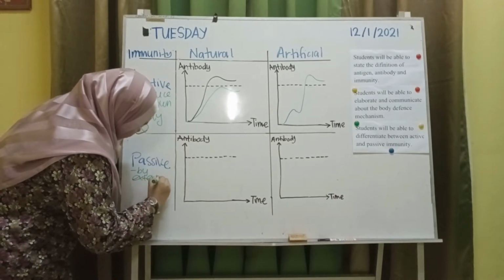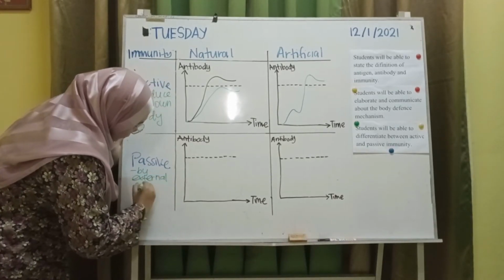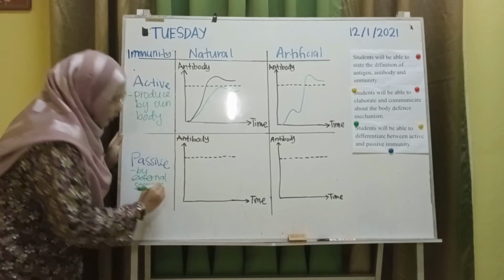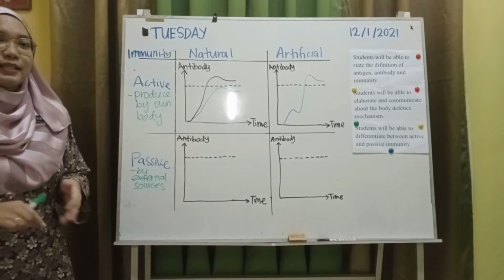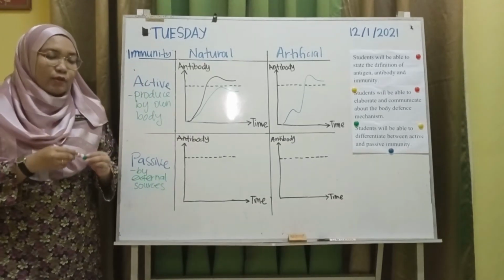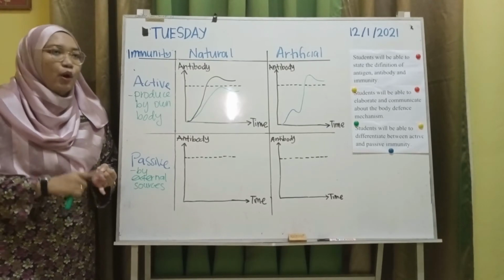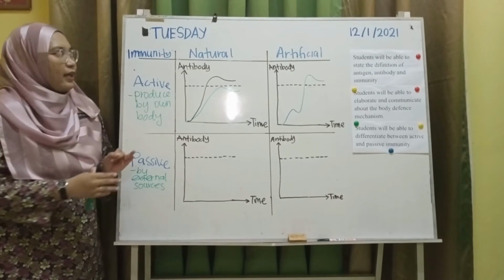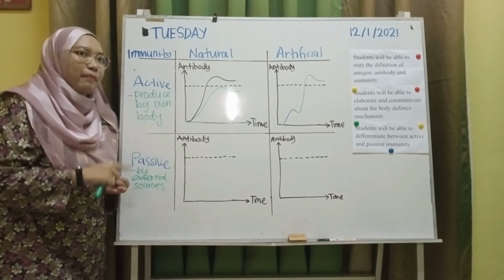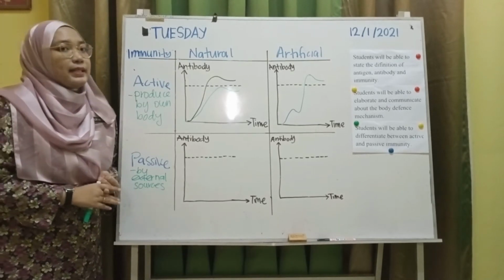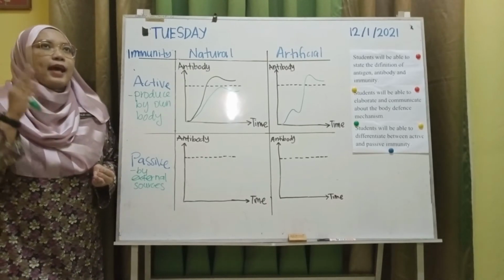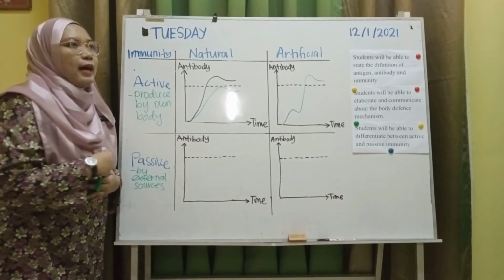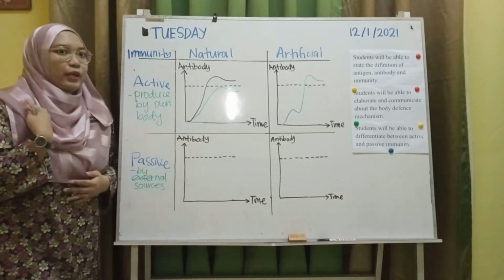What external sources, teacher? Okay, an example of external sources is antiserum, or for passive natural immunity, breast milk or blood through the placenta is an external source, meaning that it comes from outside our own body.